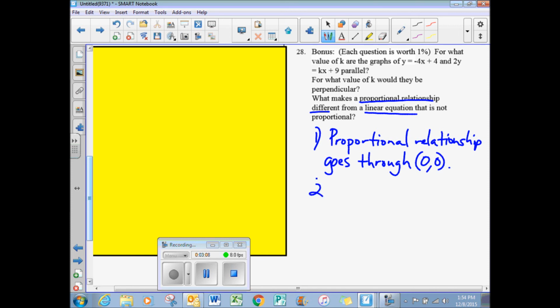The second thing is that in proportional relationships, the ratio of y to x is always equal. Those are the 2 extra points you could have gotten, and therefore you could have gotten 4% on your test. Hope that helps.